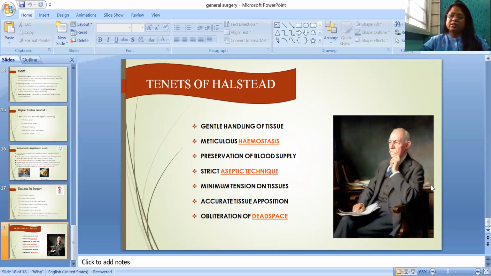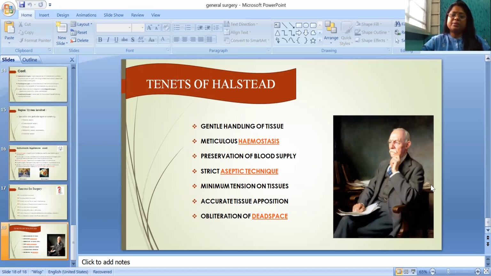Another one is eagle's eye, right? Eagle's eye means proper concentration on your surgery, right? So these are the criteria of a good surgeon. So here, gentle handling of tissue means soft handling, not butcher's handling, right?